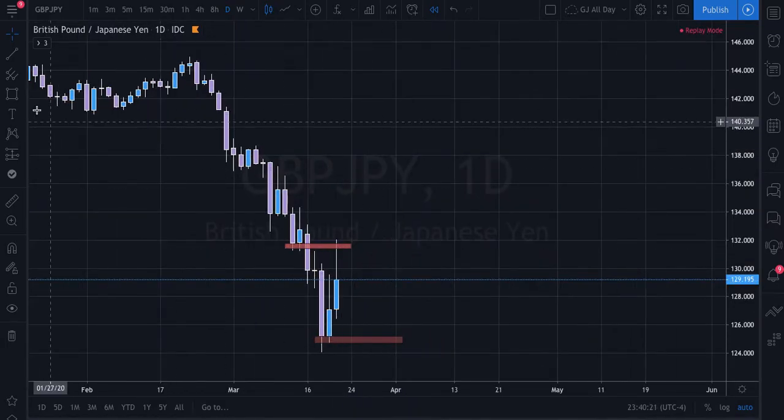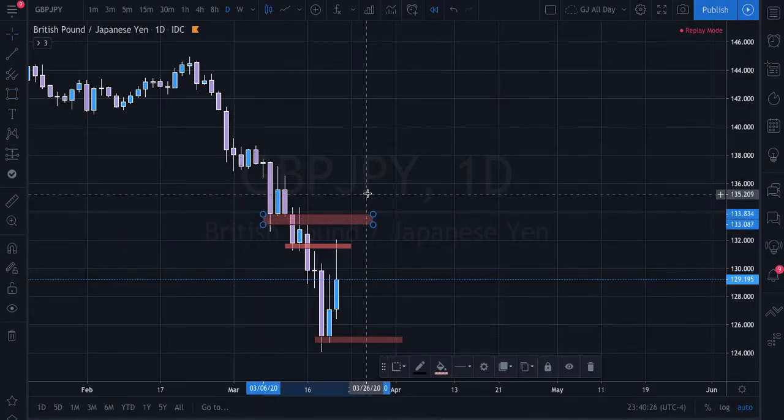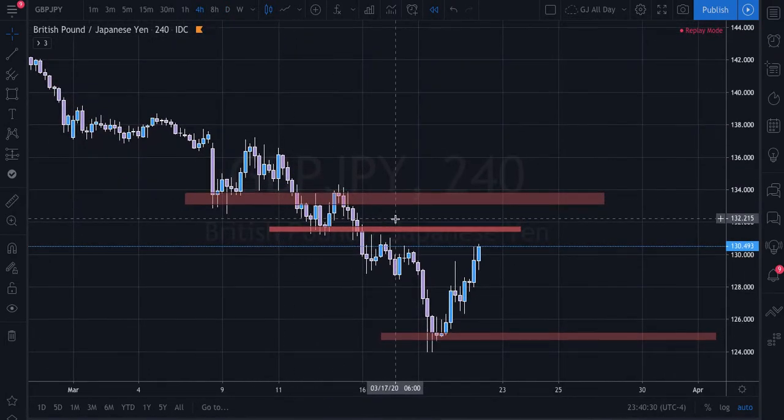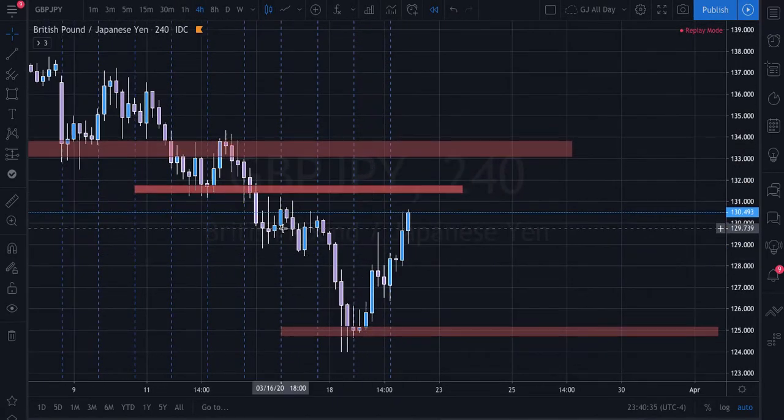And if we break this, we'll probably be somewhere right up in there. So if I look left, I can see that we've closed above that. And we're here now, but because this is so close, I feel like we're gonna go up a little bit more. The momentum's up.